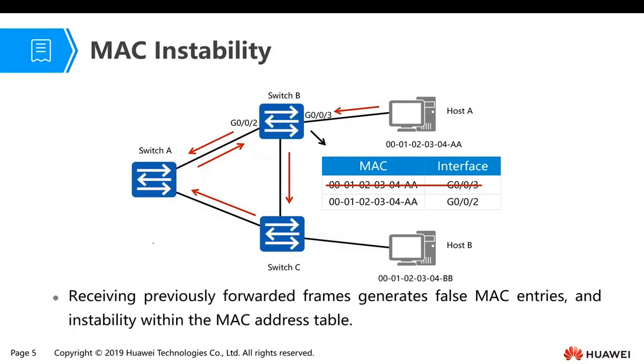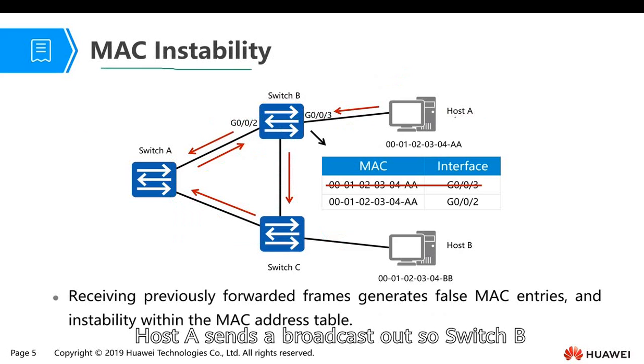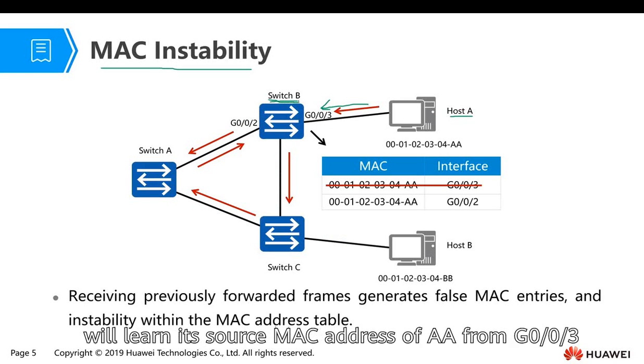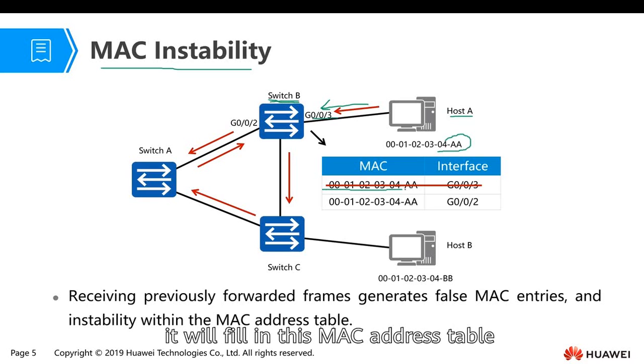The second problem is MAC address instability, MAC address table flapping. Again, host A sends out a broadcast. Switch B will learn the source MAC address AA from G0/0/3, so we fill in this item in the MAC address table.